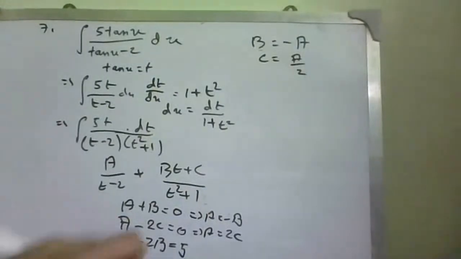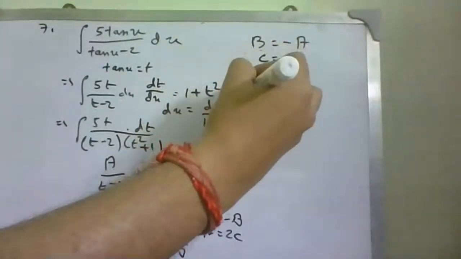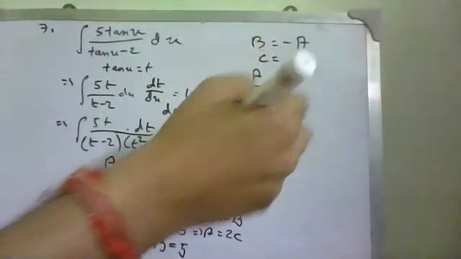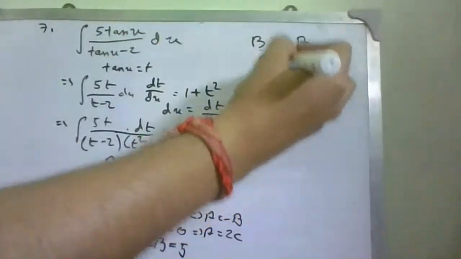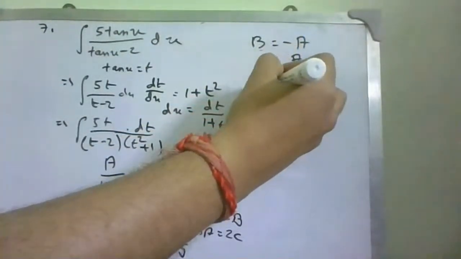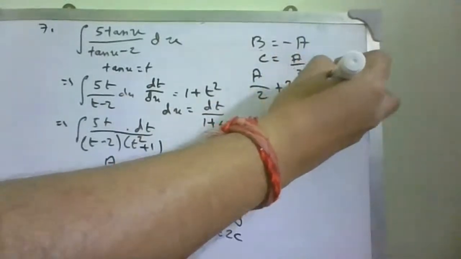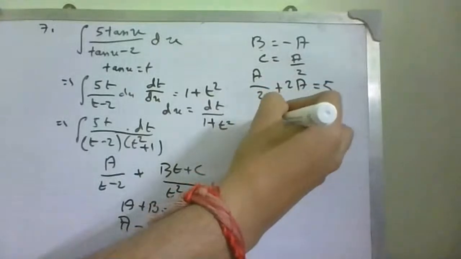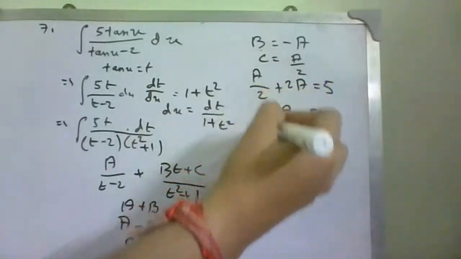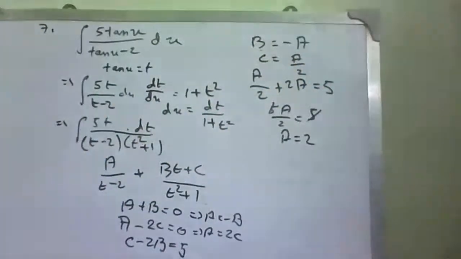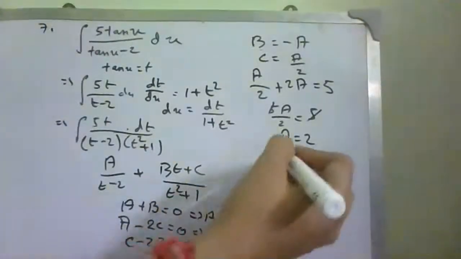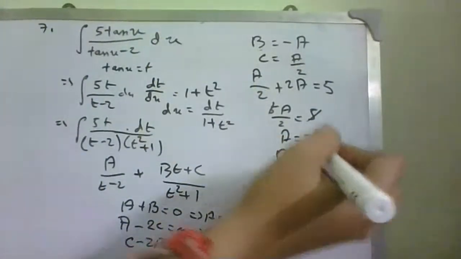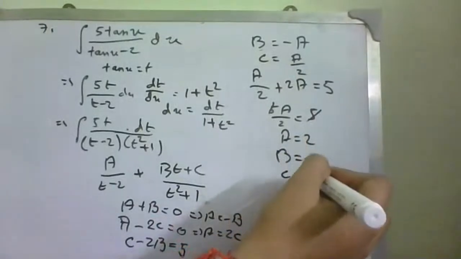If we plug this in, we get a by 2 minus 2 times b, which is coming as 5a over 2. Because 5 and 5 get cancelled, we are left with a equals 2. Now if a equals 2, then b is obviously equal to minus 2 and c is obviously equal to 1.